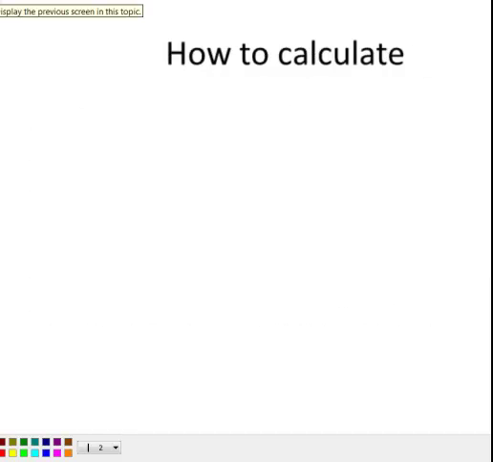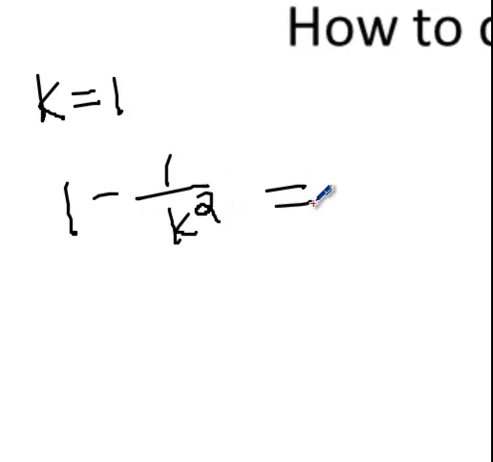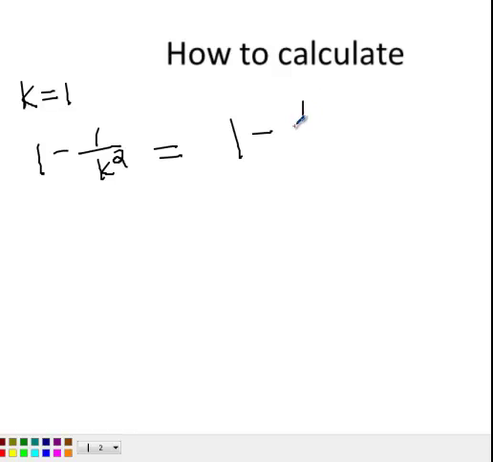So if we go back and calculate, k is the number of standard deviations. So we're going to figure out the percentage. Let's say k is 1 standard deviation, plus or minus, doesn't matter. We're going to plug it back into Chebyshev's. It's going to be 1 minus 1 over 1 squared. 1 squared is just 1.